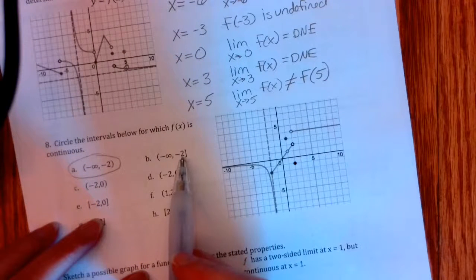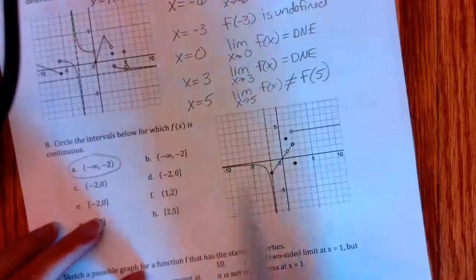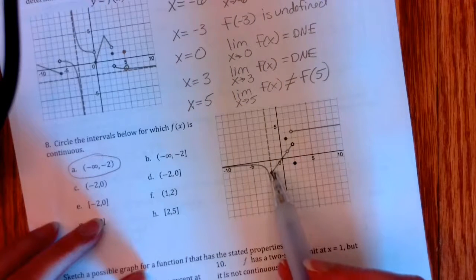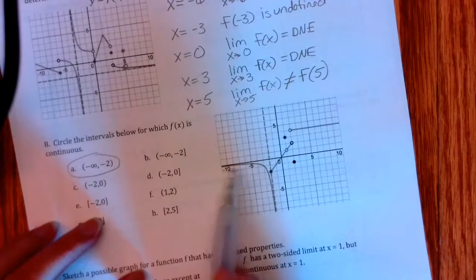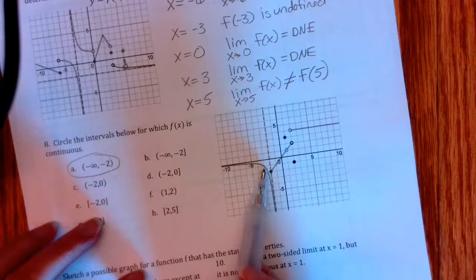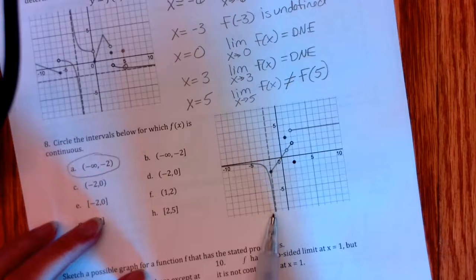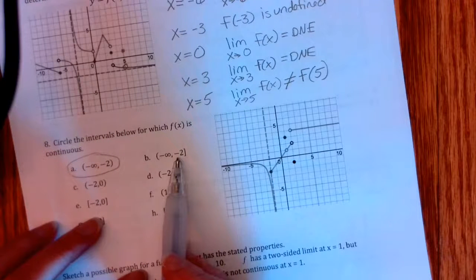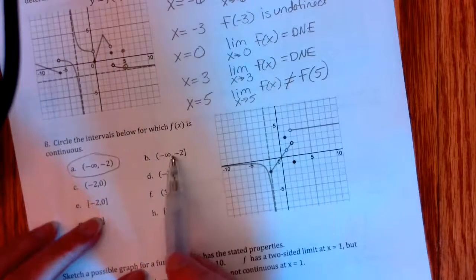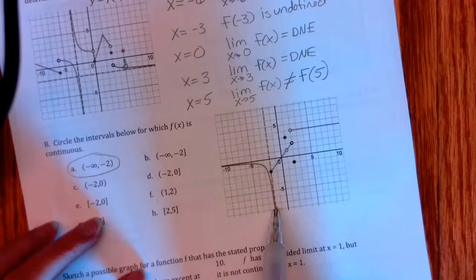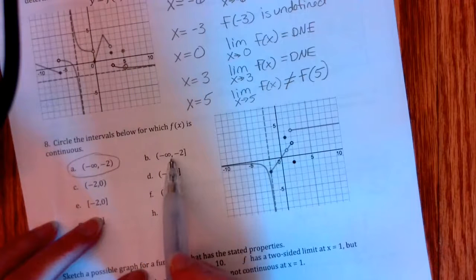In this case, I do have to worry about -2, and it is defined at -2 right here. But the problem is I am coming from the left, from -infinity. So when I go from -infinity, I am looking to be connected to a specific height at -2. And this is not coming from the left connected to a particular height. So this is considered to be not continuous.